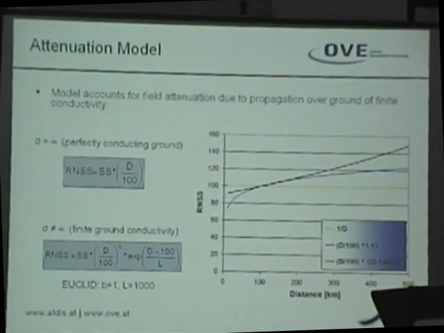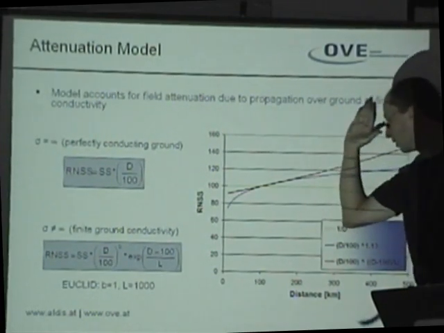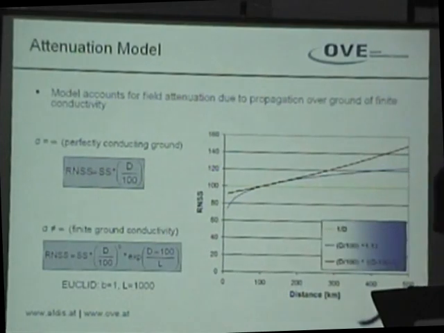You see that there are only some small differences between those two for very long distances. If you have a network with very small sensor baselines, meaning less than 250 kilometers, there is almost no difference.